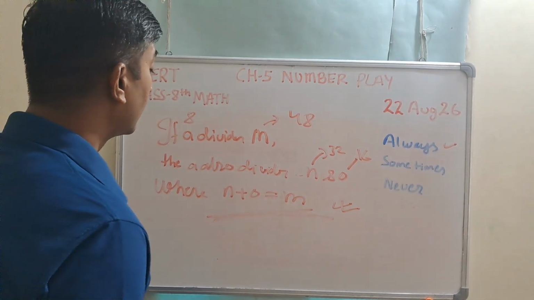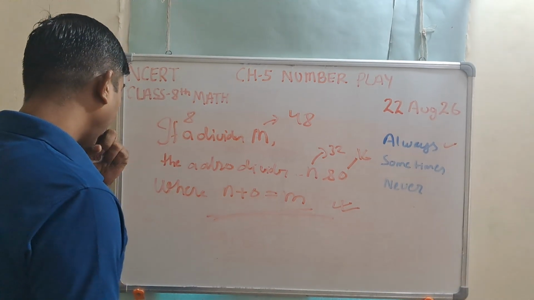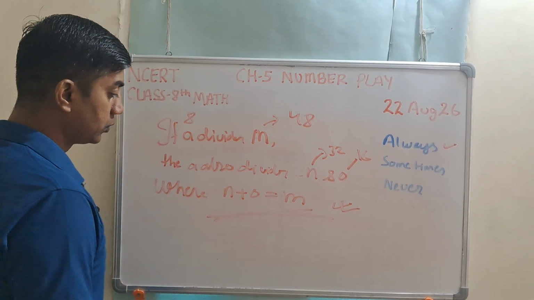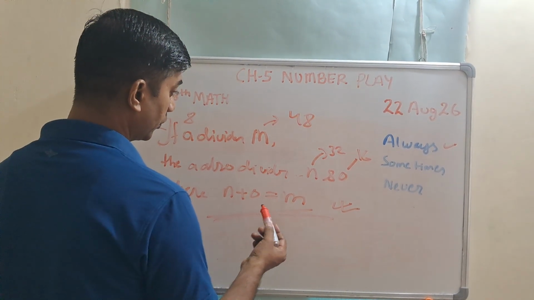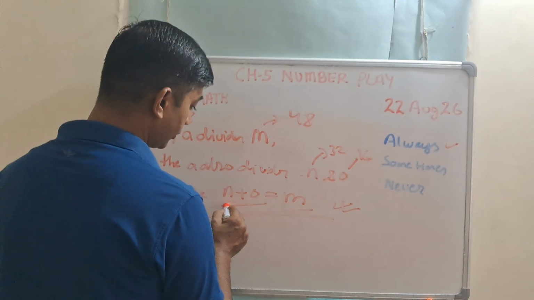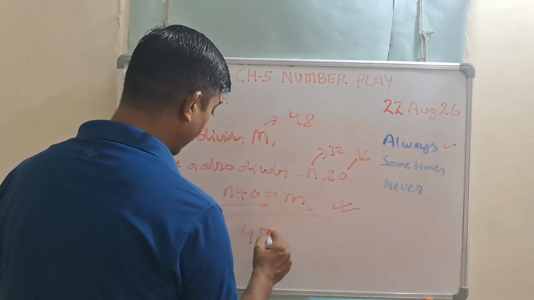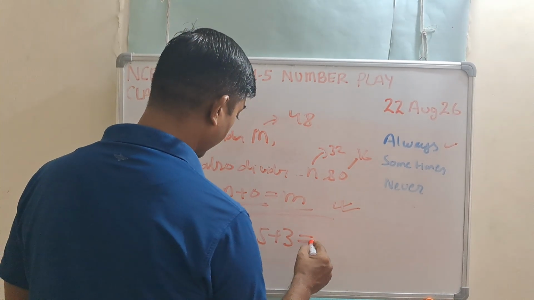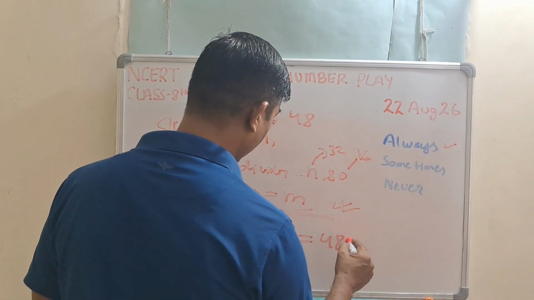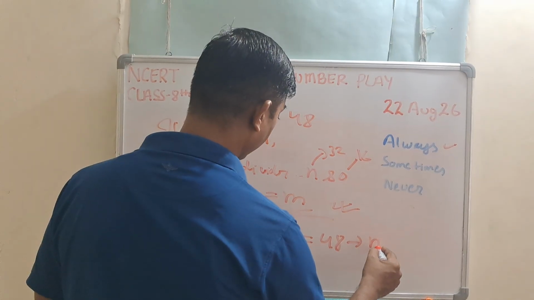Understood? But is this statement always true? No, because n plus o can also be any numbers, such as 45 plus 3. That is also 48, which is m.